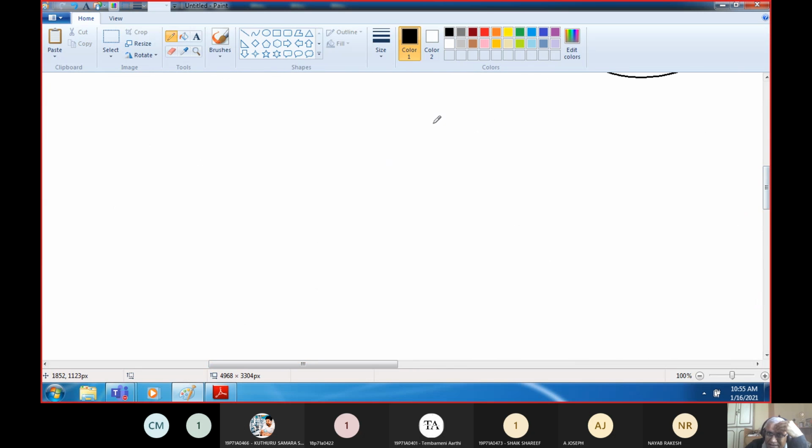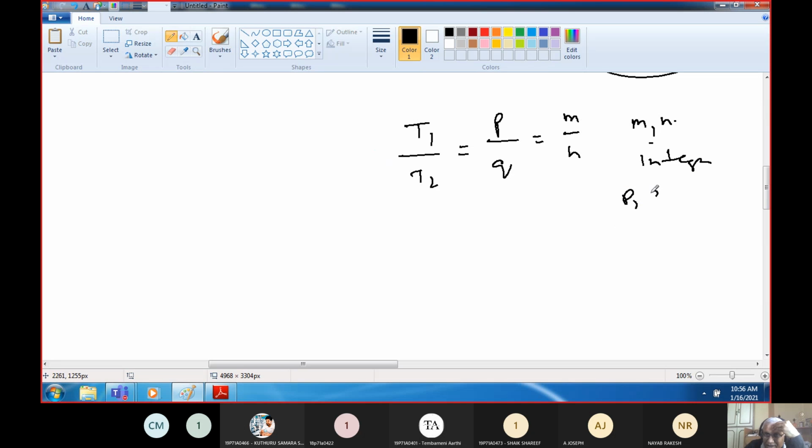We must get T1 by T2. You must be able to express it in the form of P by Q or M by N, where M and N are integers, or P and Q are integers. That is the way you have to represent. That is how you have to understand.